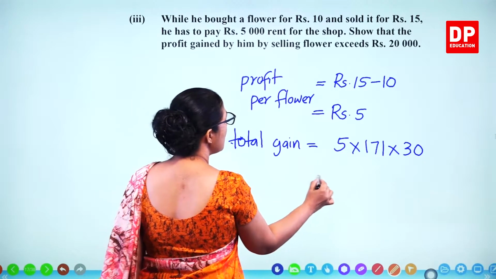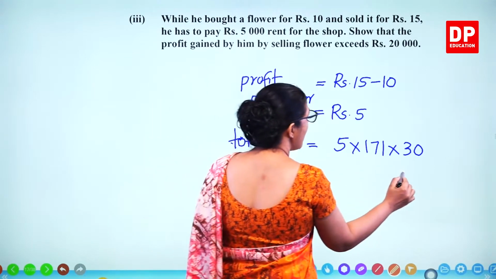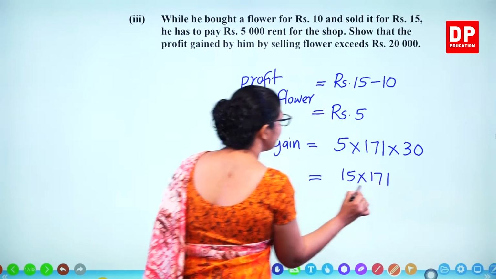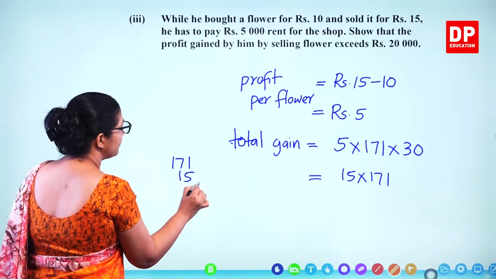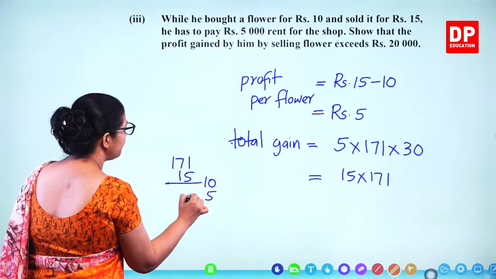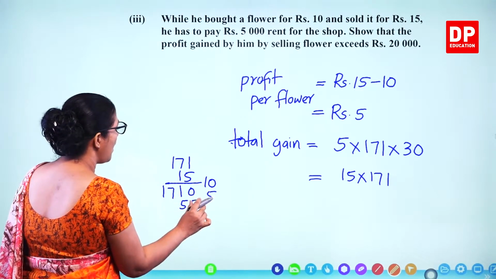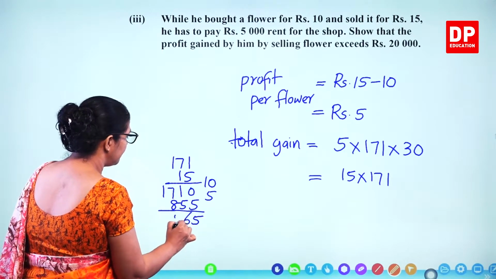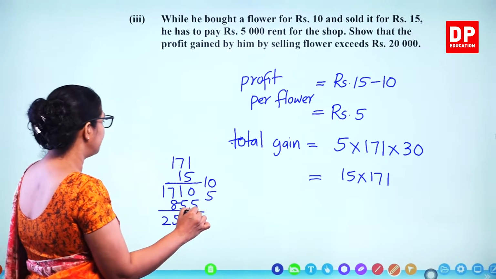So that's the total profit he is getting for a month. So 15 into 171. 171 into 15, 10 and 5. 5, 35, 8. 2565.